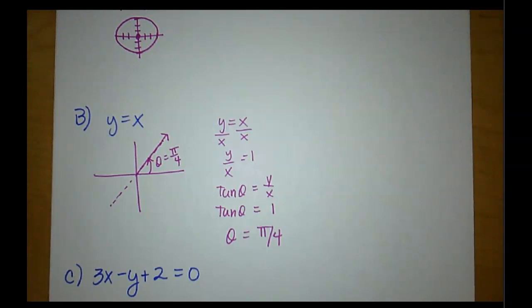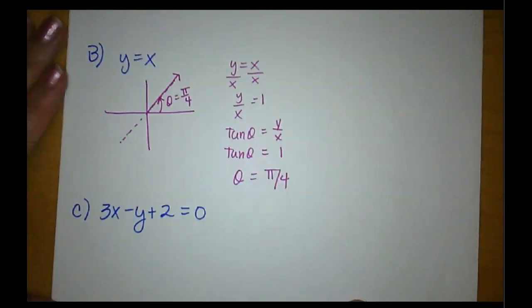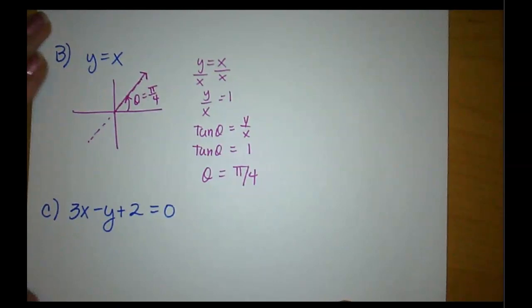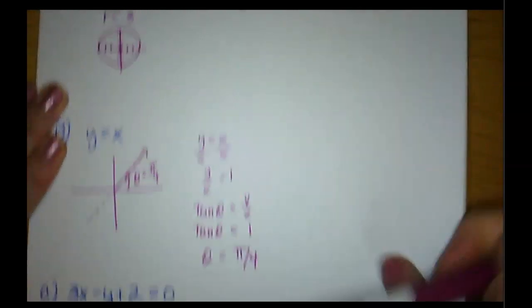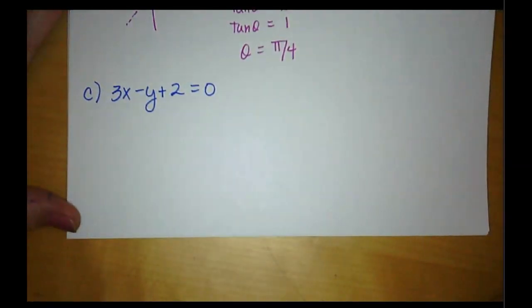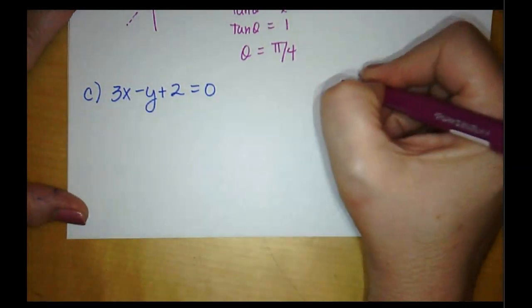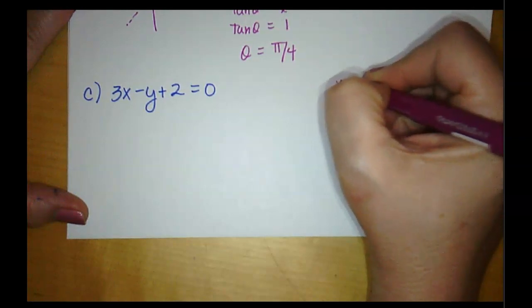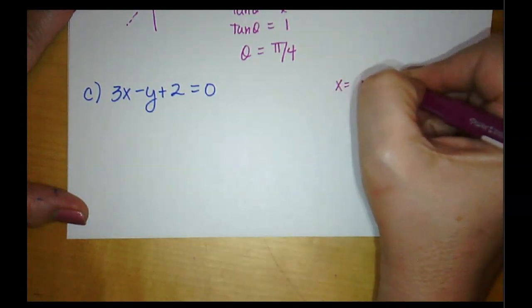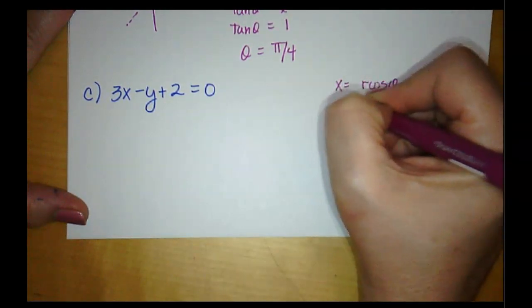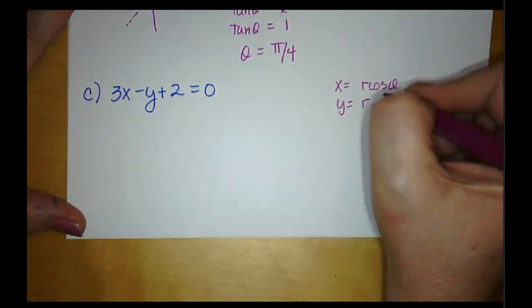Now the last one is a little more involved and it shows up a lot, so it's kind of important to know how to manipulate this equation. Alright, so remember that we have our conversion factors of x equals r cosine theta and y equals r sine theta.